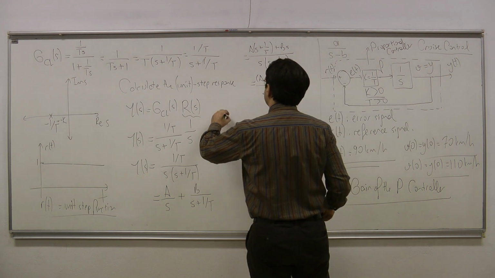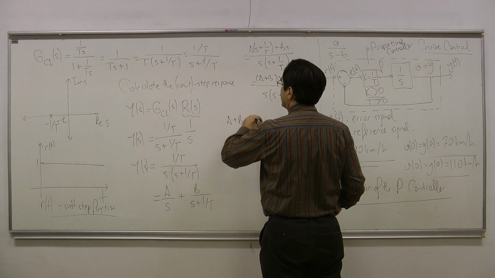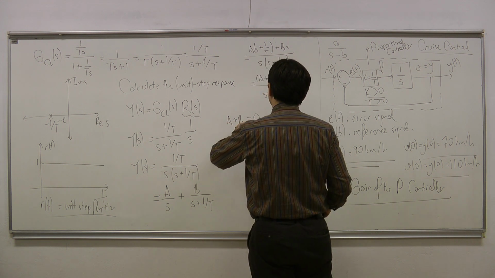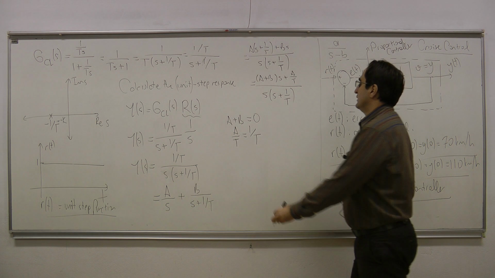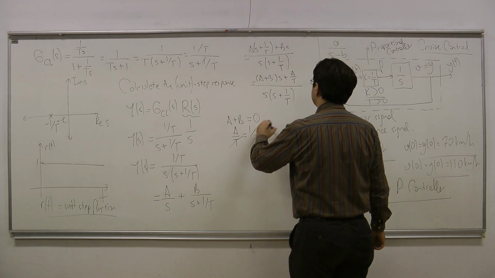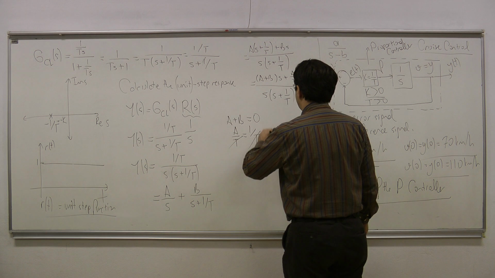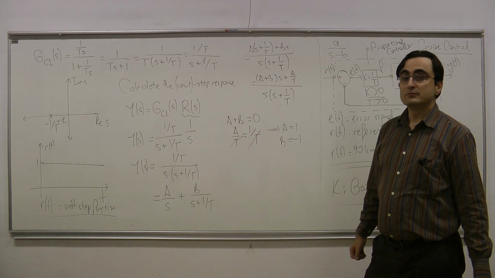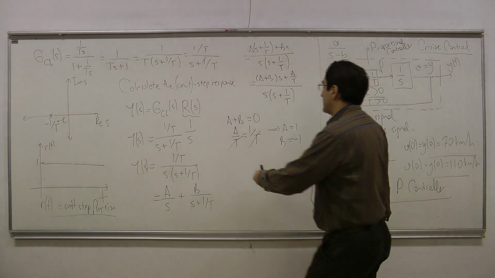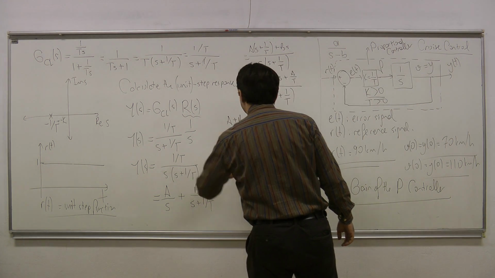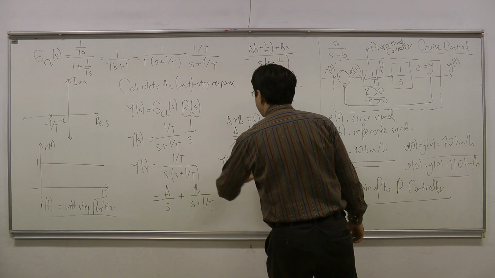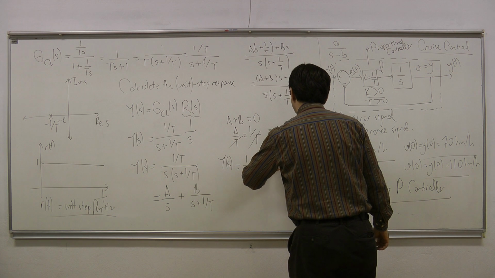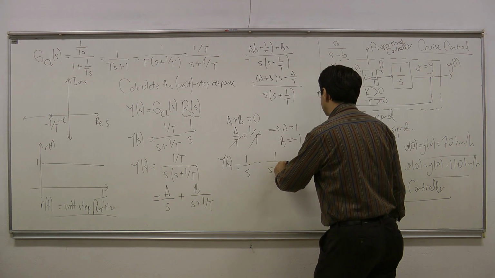We see that a plus b is equal to 0 and a over t is equal to 1 over t. All right? Since t is non-zero, I can cancel it, which gives a equals to 1, and from the first equation I have b equals to minus 1. All right? That means that my Laplace transformation, the y of s, is 1 over s, a is 1, and b is minus 1, minus 1 over s plus 1 over t. Okay?